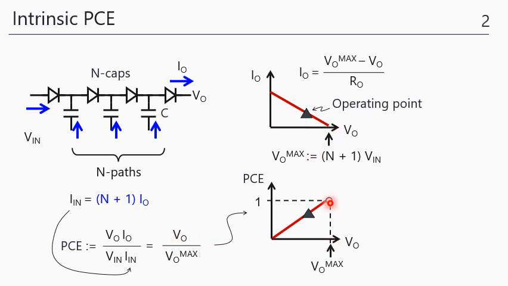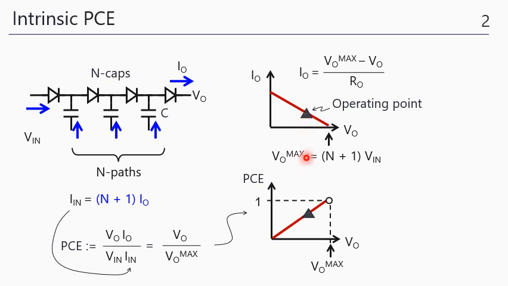However, at this point, the output current IO is 0, and therefore even though mathematically this indicates PCE equals 1, it's meaningless in practice. Usually you need to design the charge pump to output a certain amount of current at the target output voltage here.